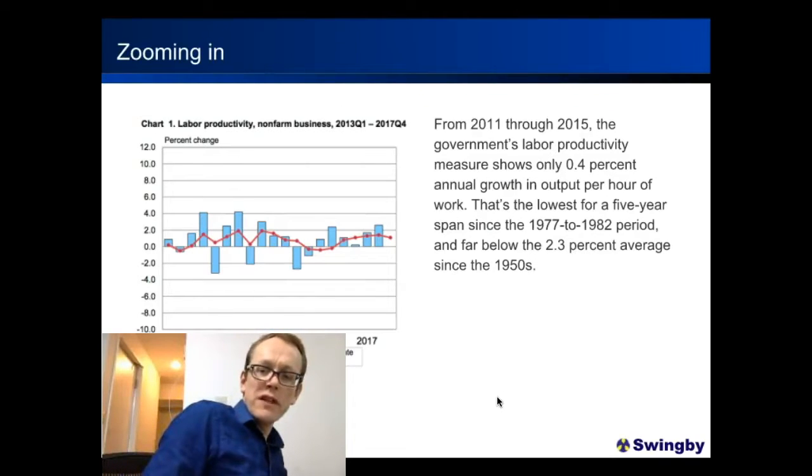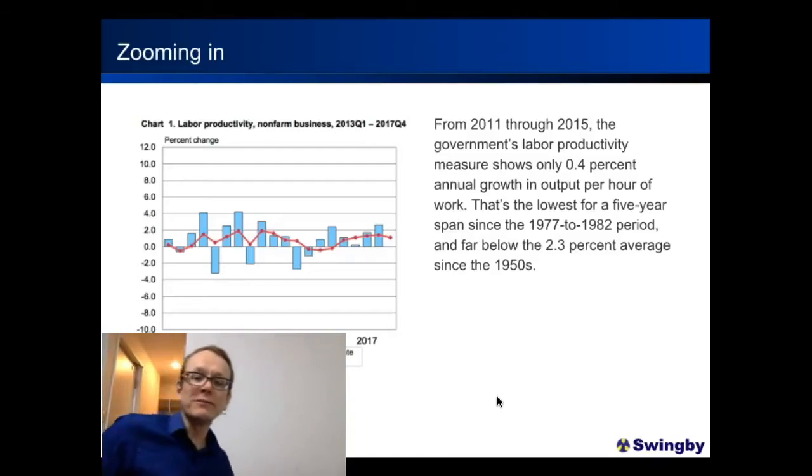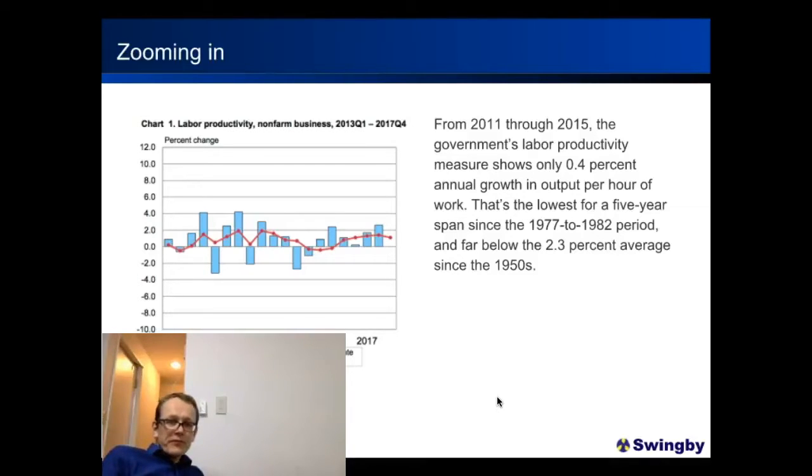From 2011 to 2015, the government's labor productivity measure shows only 0.4% annual growth in output per hour of work. That's the lowest for a 5-year span since the 1977 to 1982 period, and far below the 2.3% average since the 1950s. So with labor productivity, there is a problem.